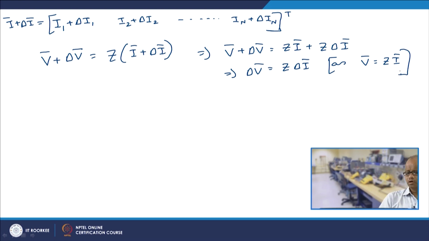Here the delta V vector is delta V 1, delta V 2, up to delta V n transpose.